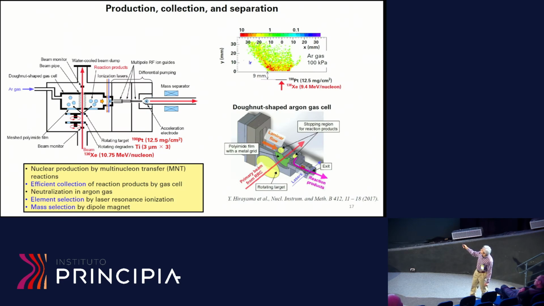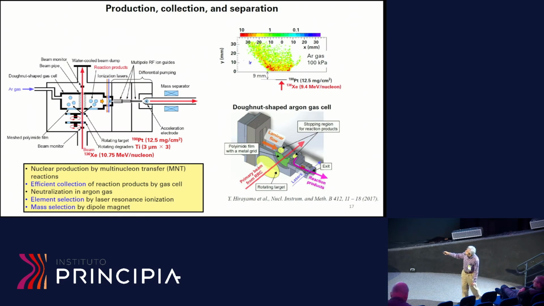This figure shows a cross-sectional view of the stopped iridium ions in the argon gas cell. By collision with the argon gas atoms, those reaction products are neutralized. Such neutral atoms are transported by the laminar gas flow, and before the exit, they are irradiated by the lasers for the element selective ionization.